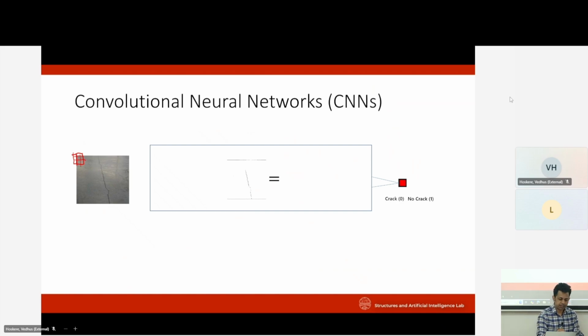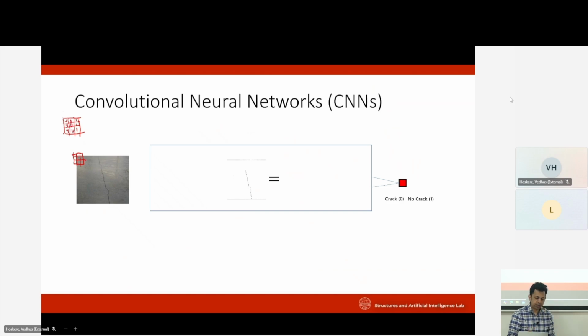So the filter is basically this 3x3 kernel, or it can be n by n. It has to be odd numbers. And you can design what these numbers need to be inside the filter. So I can say that I want to take the difference, so I'm going to have these as ones, and I'll have these as negative ones.